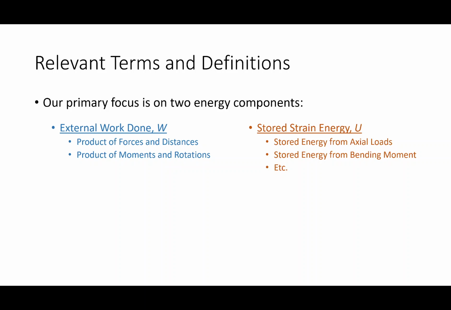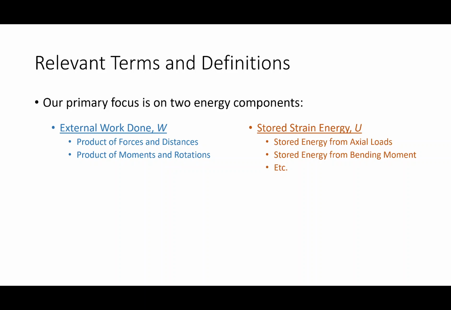So to get a little bit more detail, the external work done is going to be the product of forces and distances and moments and rotations. Okay? Now, there's a little bit of detail that I'm leaving out right here, because for total work done we're going to do some integration, but suffice it to say that's kind of what's going on.